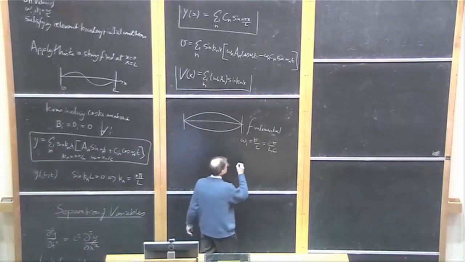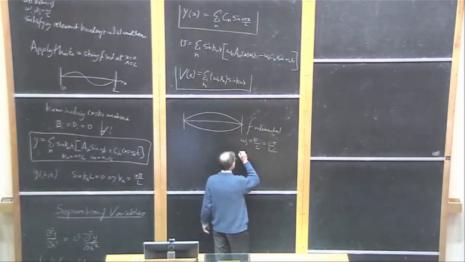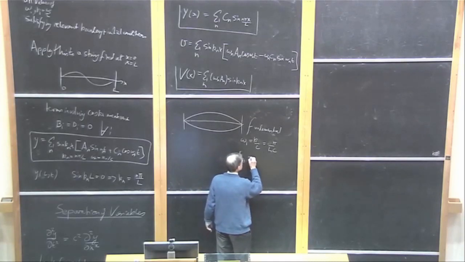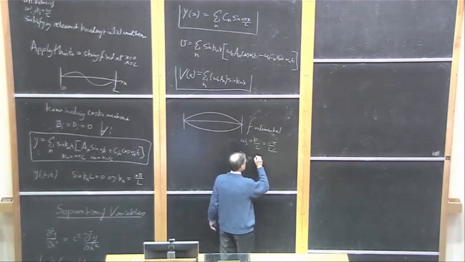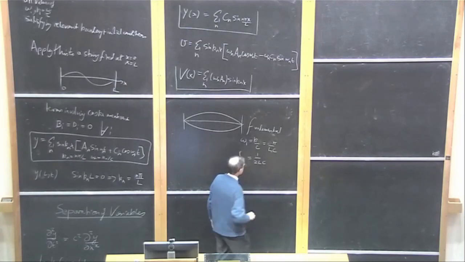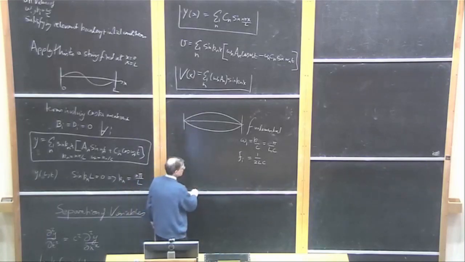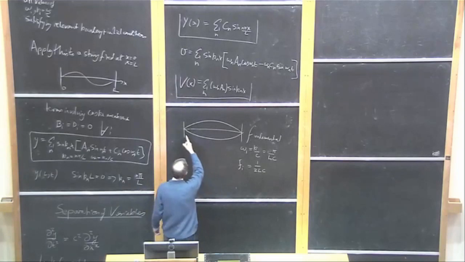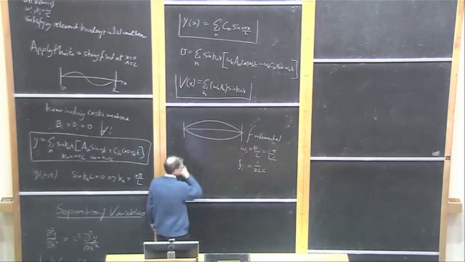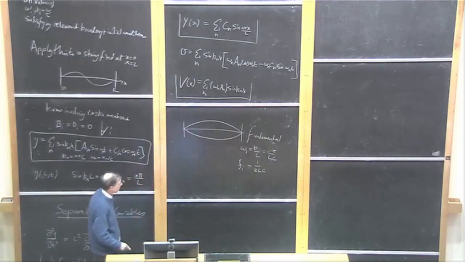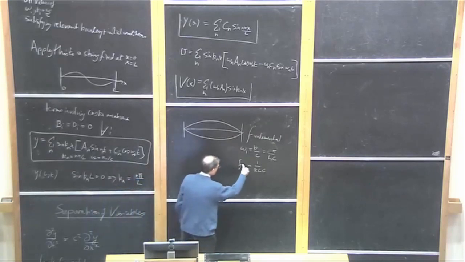And so the frequency f 1 is 1 over 2L over c, which is the time it would take, travelling at the wave speed, to go the length of the string and back. It's one round trip. So that's f 1.